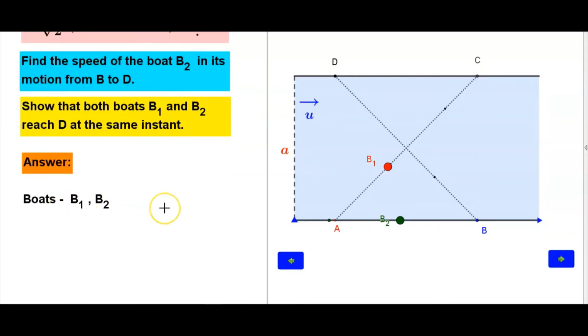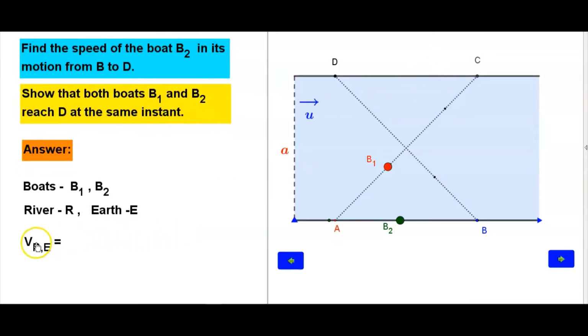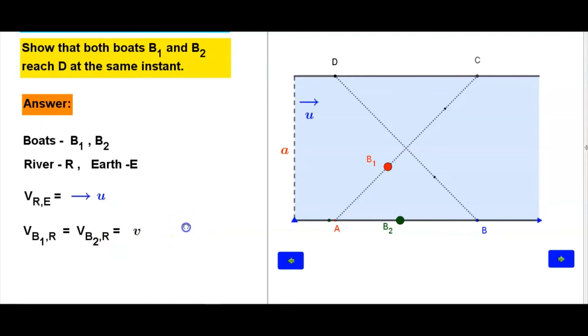Let the boat B1 travel along A to C, then C to D, and B2 travel along A to B, then B to D. Let river R, earth E. The velocity of river relative to earth, V_RE, is given as u. The velocity of B1 relative to R is equal to the velocity of B2 relative to R, equal to v. It is given.